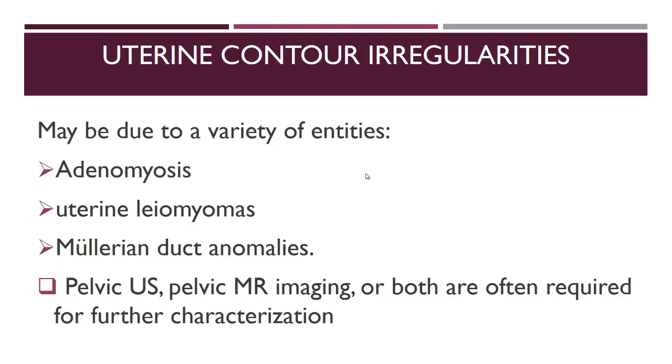When you find irregularity of the uterine contour, we should suspect if there is adenomyosis, uterine leiomyomas, Mullerian duct anomalies. So these three will cause uterine contour irregularity: adenomyosis, uterine leiomyomas, and Mullerian duct anomalies. Pelvic ultrasound and pelvic MRI or both are often required for further characterization.